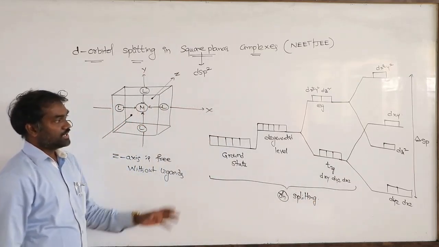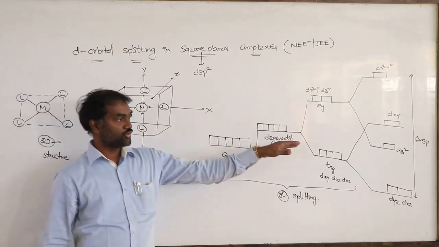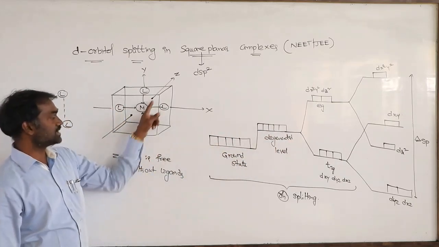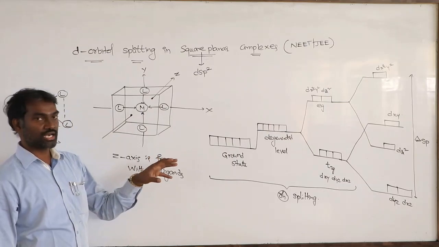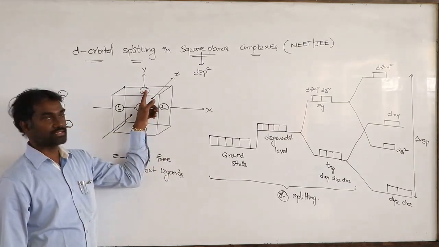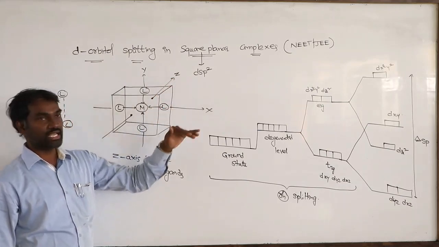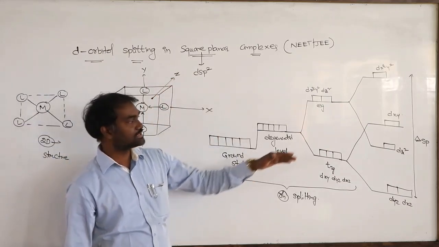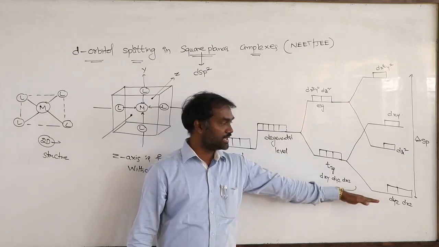The difference between octahedral and square planar is that the z-axis is absent of ligands. So the total repulsion is felt by the x-axis and y-axis. Whatever is related to the z-axis feels less repulsion and its energy decreases.